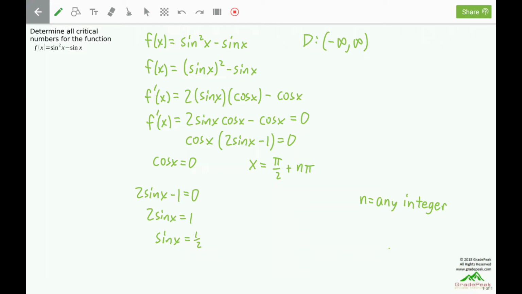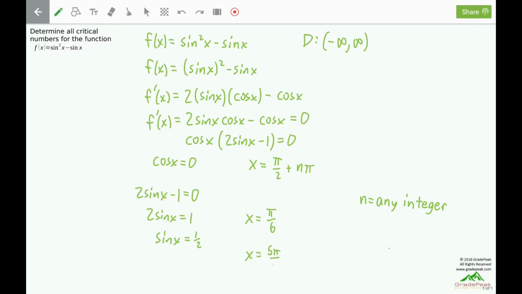Now let's go down to the sine of x equals 1/2. The sine equals 1/2 in the first quadrant of the unit circle at pi over 6. It also happens in the second quadrant, sine is again positive, at 5 pi over 6.